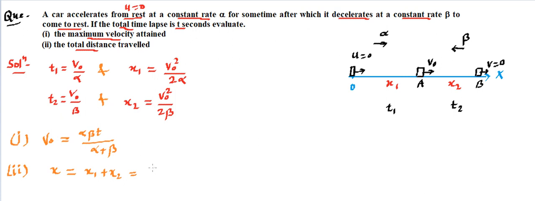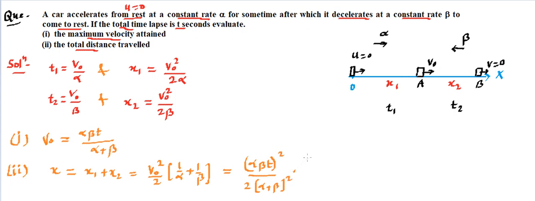Now here we can say this is going to be v naught square by 2, you can take it as common, and you are going to get 1 upon alpha plus 1 upon beta. Now v naught you have already got, so you can place that v naught value. So it's going to be equal to alpha beta into t divided by twice times alpha plus beta, squared, into, if you settle this down, alpha plus beta on the upside divided by alpha beta on the downside.